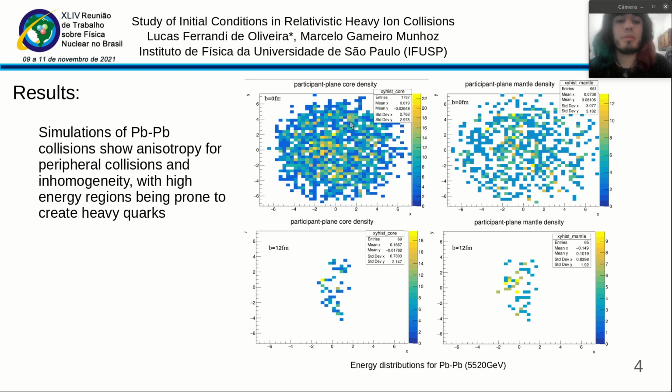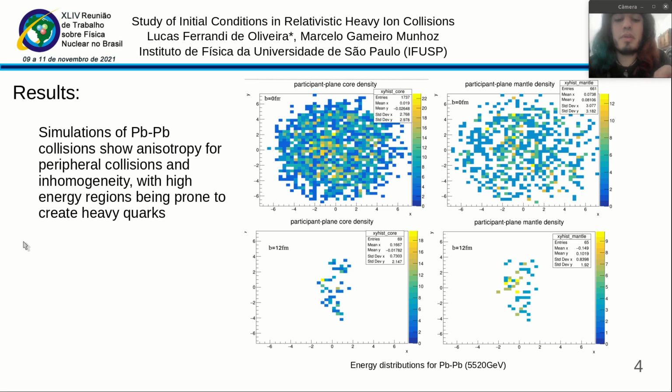These quarks are important to probe some parameters of the evolution of the system, like some parameters of the quark-gluon plasma and the hadronization of the system. In the second line, we can see the simulation for peripheral collisions.